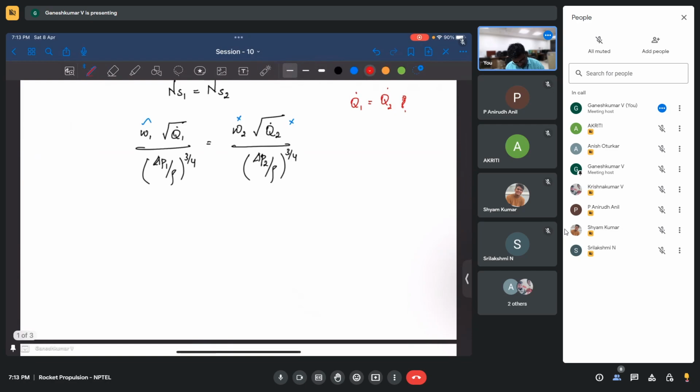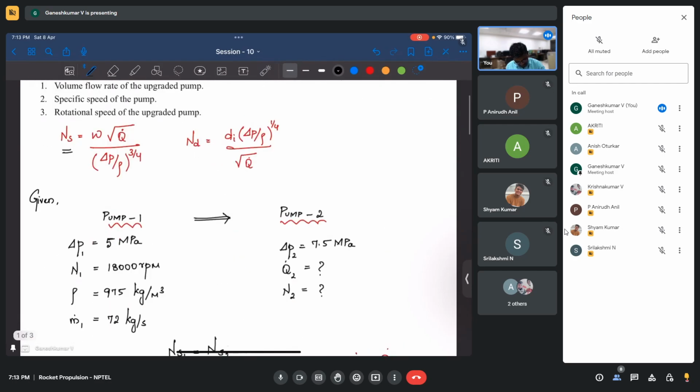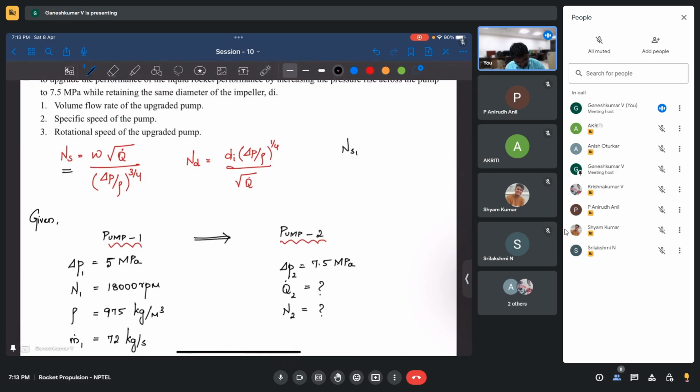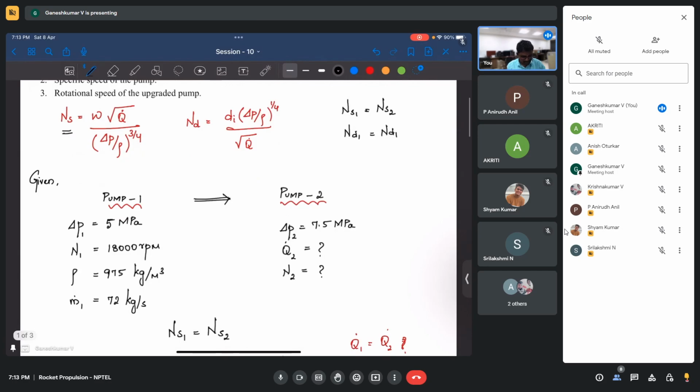N D1 is equal to N D2. So basically ns1 is equal to ns2, because we are just changing the operating conditions. These two parameters need to be the same.